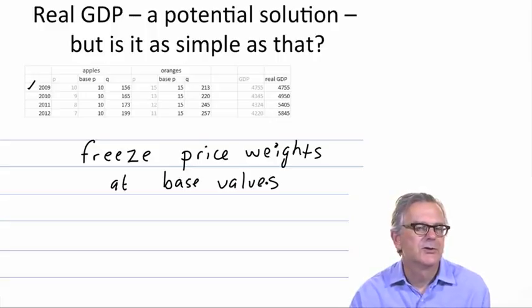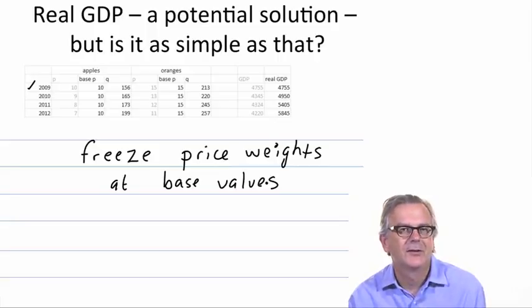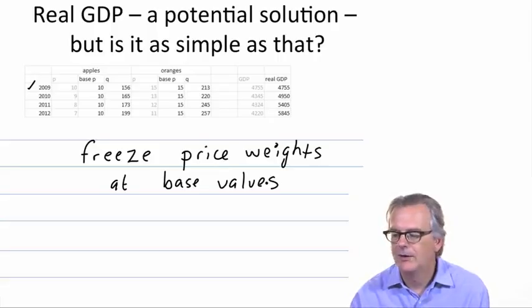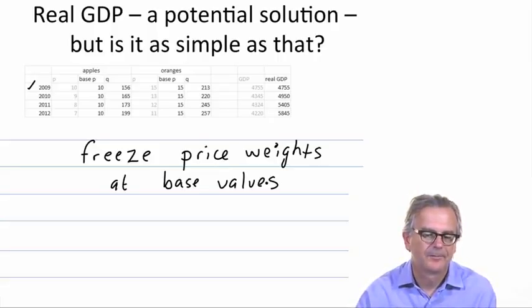But of course, the social value of different commodities can change through time for a variety of reasons. By using base prices, what we're essentially saying is that those changes can't happen. And that's not necessarily appropriate, particularly as we move further and further away from that base period.